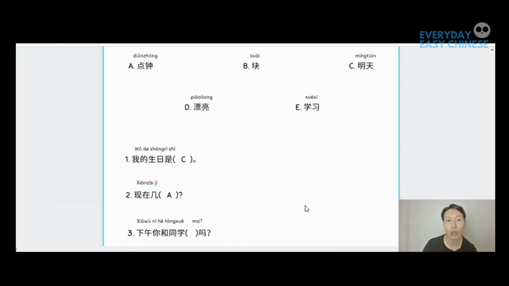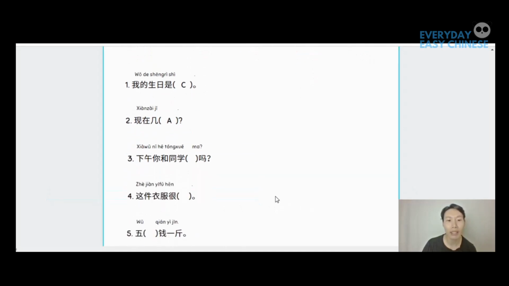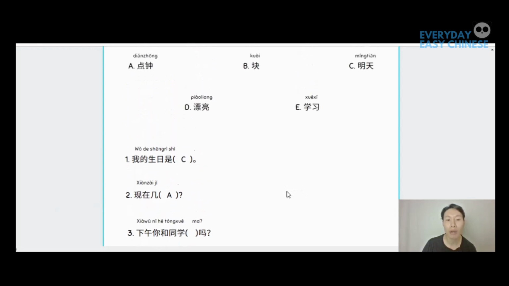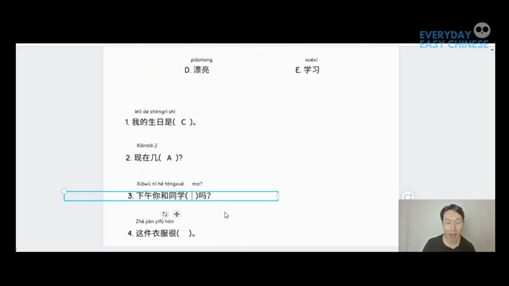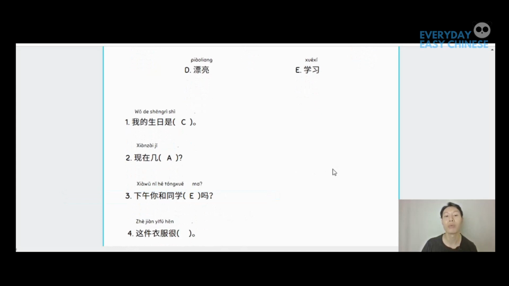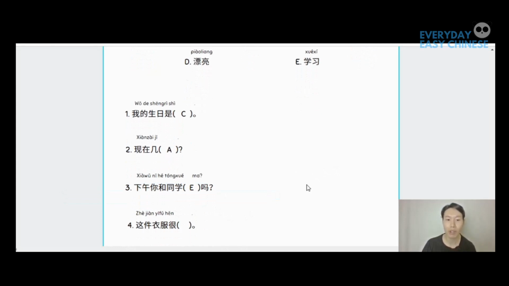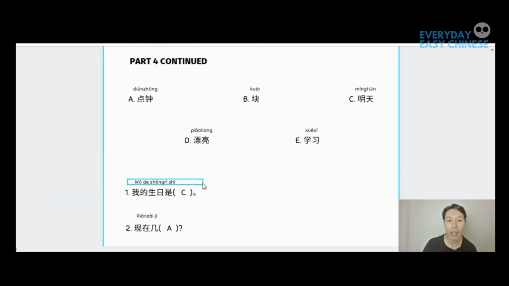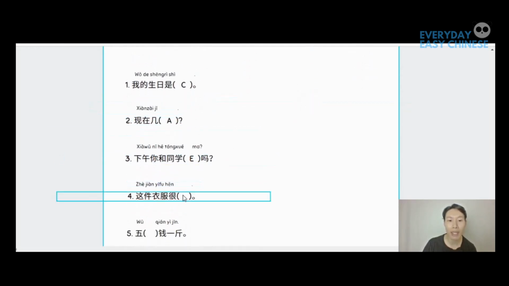现在几点钟? Number 3. 下午你和同学吗? So in the afternoon, you and your classmate. 学习吗? E. Will you study with your classmate this afternoon? Number 4. 这件衣服很. So we have D. 漂亮.